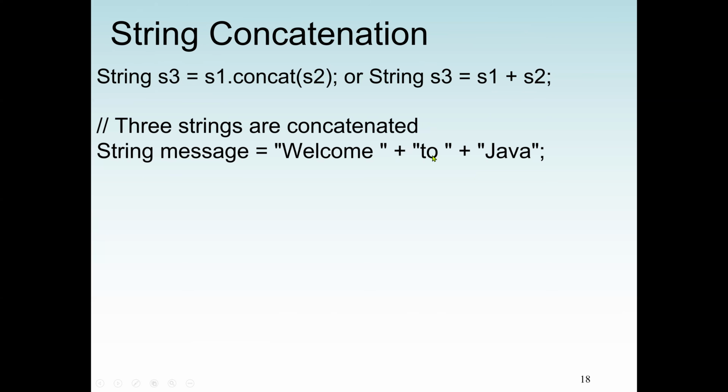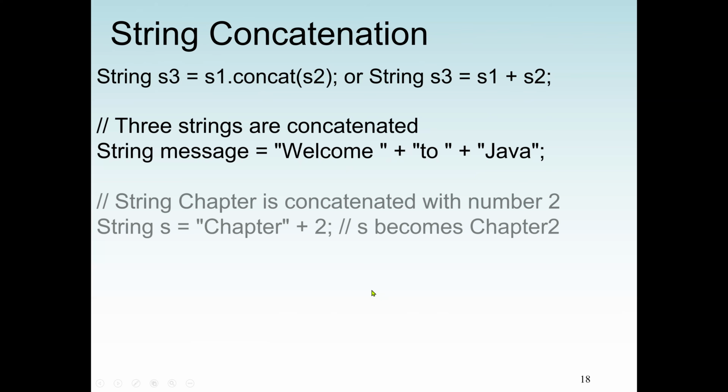So here, for example, we want to have "Welcome to Java". We are joining the strings. We can also use concat. So the string "Chapter" is concatenated with the number 2. As we said earlier, 2 is a value, but since the left is a string, it will join it.